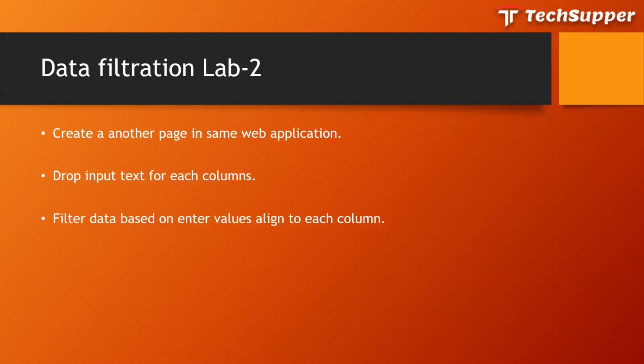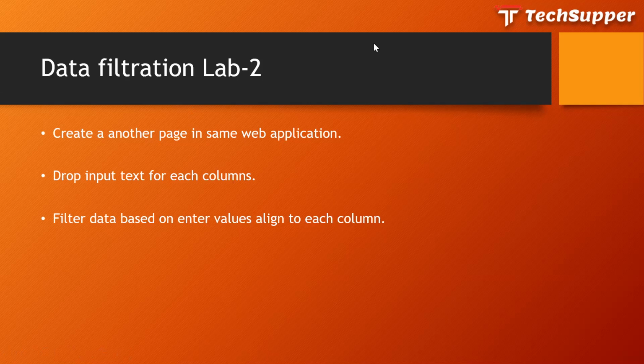Then we will filter data based on the entered values aligned to each column. So there are two ways to filter the data: one, using the drop down, and second, using the input tag for each column just on top of the column headers. So let's see how we can create these two filters.